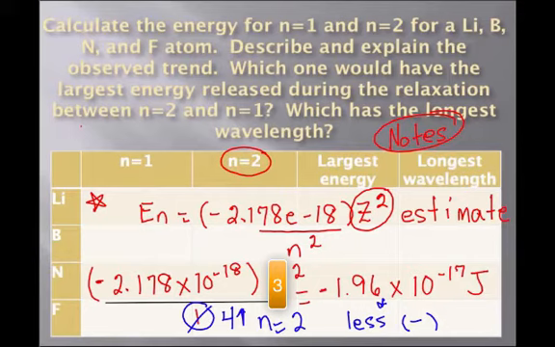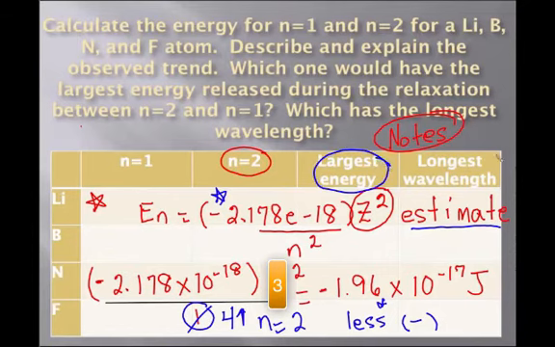So you need to be able to plug and chug into this formula. I'll be honest with you, the likelihood of you seeing something other than hydrogen on an AP test is slim. But I think evaluating it as an estimate to try to understand some of the issues of structure and function and difference in spectra will be very valuable for us. So make sure that you have all of these plugged in.